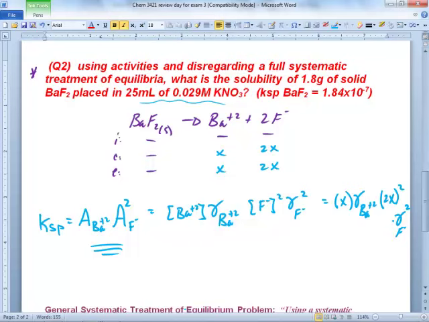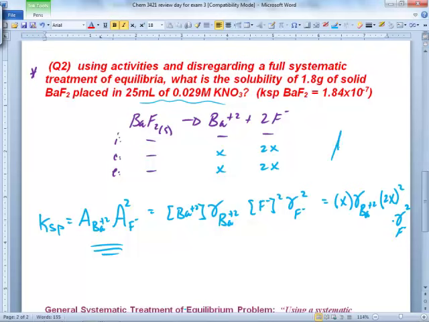So the whole goal in here is to get our x, because they want to know solubility. I bet we're going to have to interpolate, because I just randomly made these numbers up. So your mu, your ionic strength, is what? 0.029.